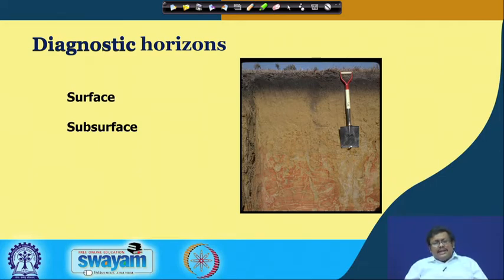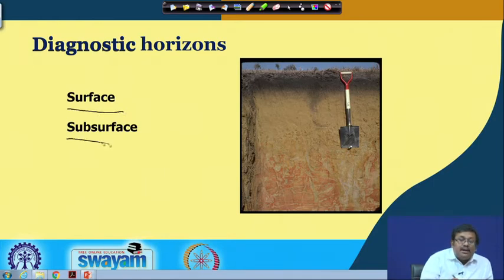So, based on certain characteristics, their surface horizon or subsurface horizons are differentiated, and we will discuss them one by one. Diagnostic horizons are basically of two types, one is called surface horizon, another is subsurface horizon.